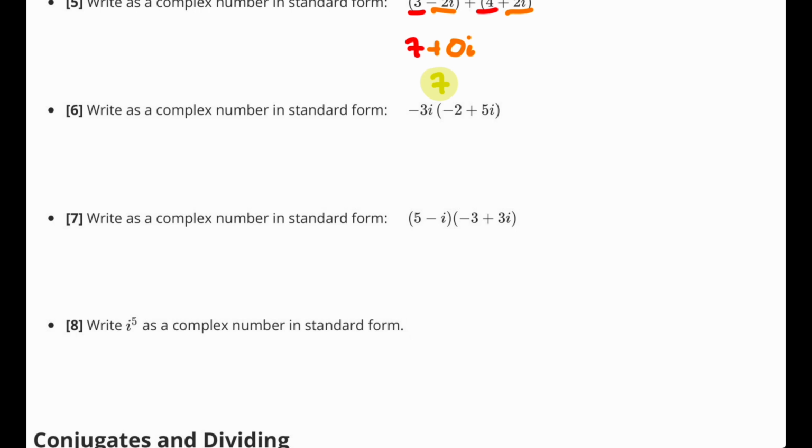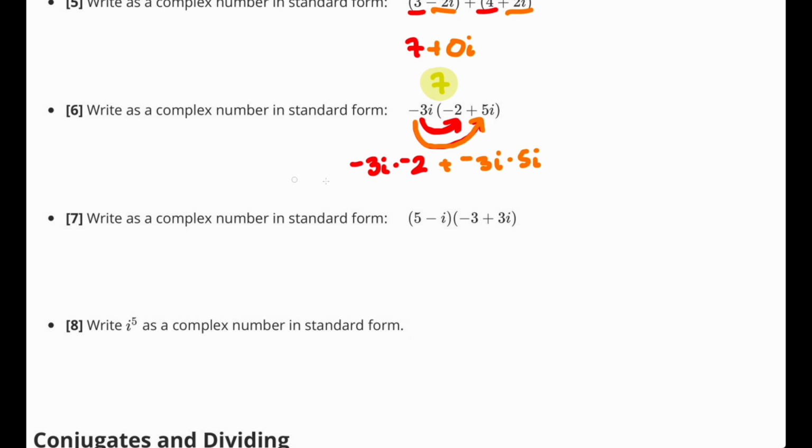All right, the next one. Standard rules apply for this. We're going to do distributive property, -3i times -2, -3i times 5i. So same rules as before. I know some of you can just do this in your head, but I'm just going to write it out for fun. So I combine the first one here, -3i times -2, and then I'm going to combine the other ones here, so plus -3i times 5i.